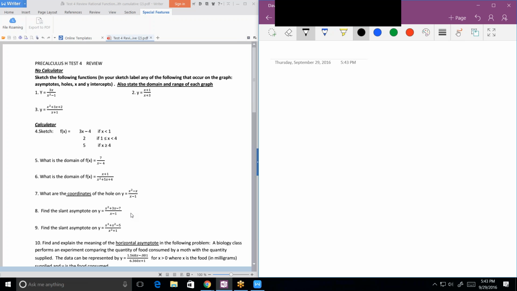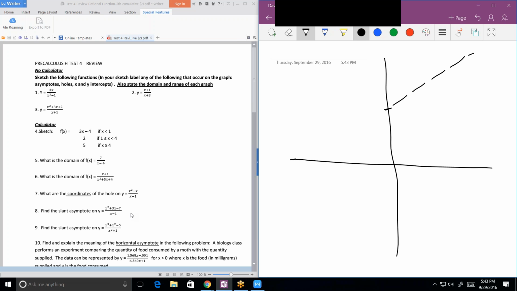So if I'm going to graph that, y equals x plus 4, it's like that. And I have a vertical asymptote at x equals 1. So my grid looks like that.